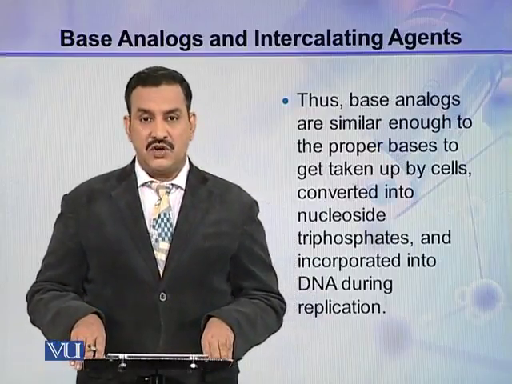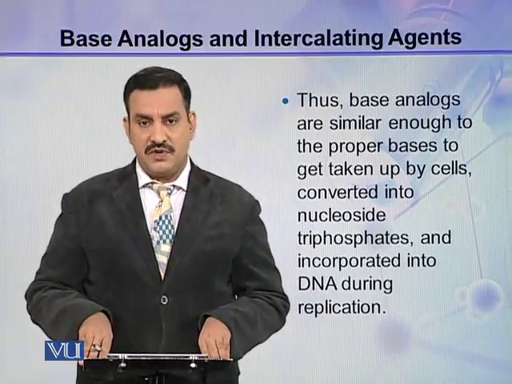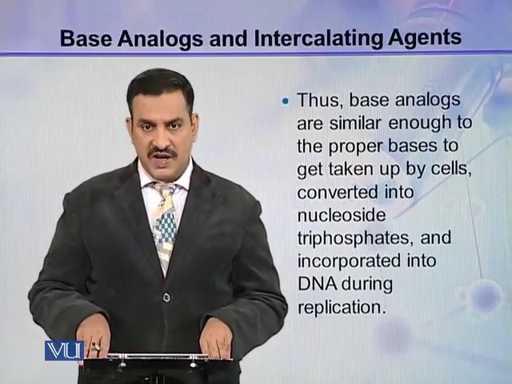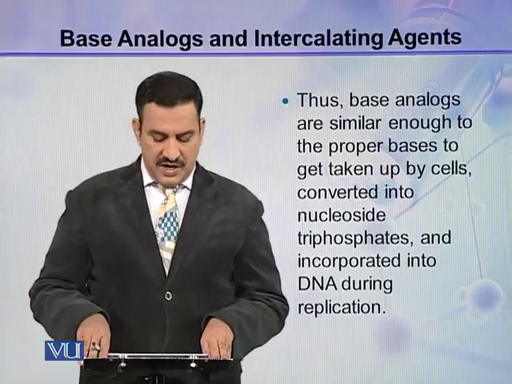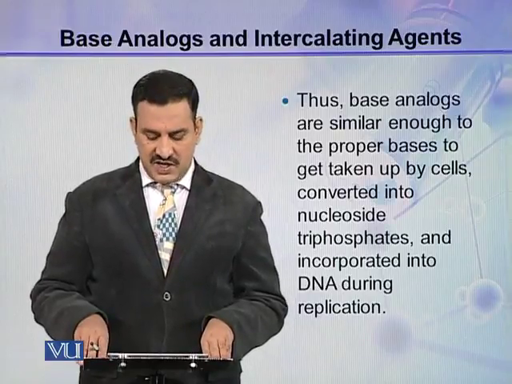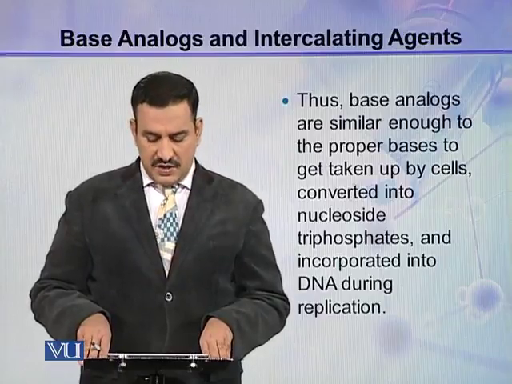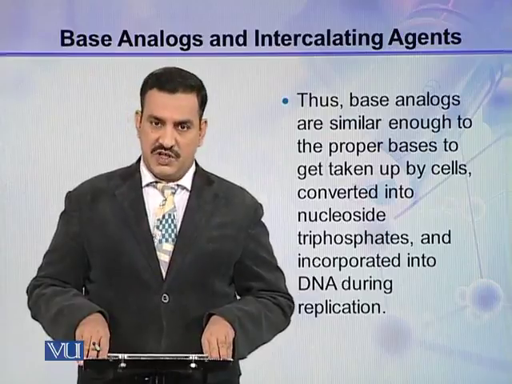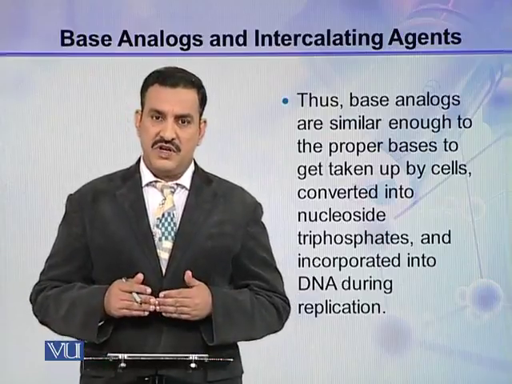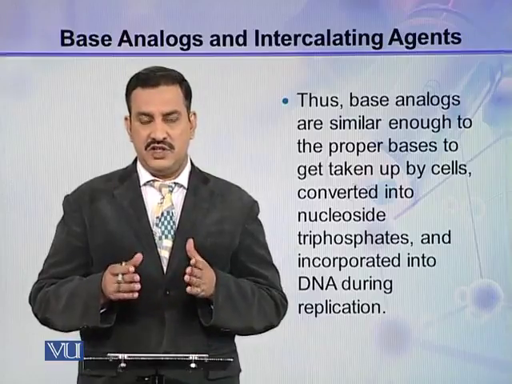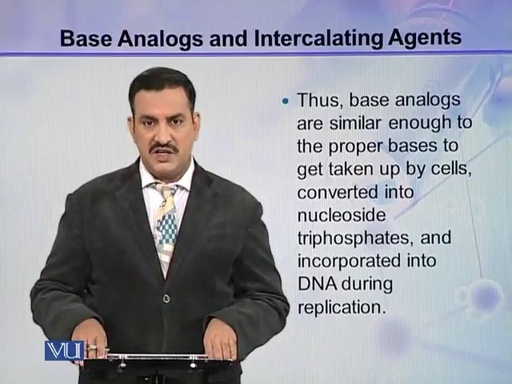Thus base analogues are similar enough to the proper bases to get taken up by the cells, converted into nucleoside triphosphates by the cells, and finally incorporated into the DNA during replication. This all happens due to some error in identifying these base analogues by the cell.